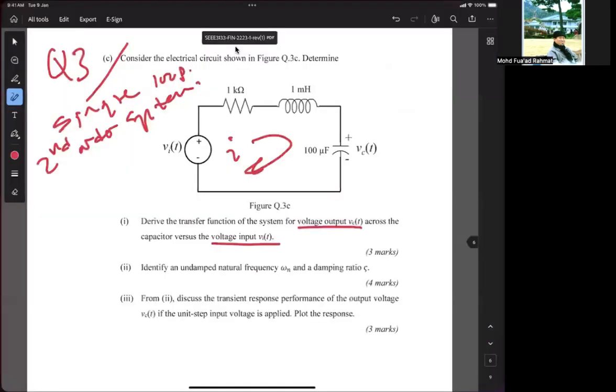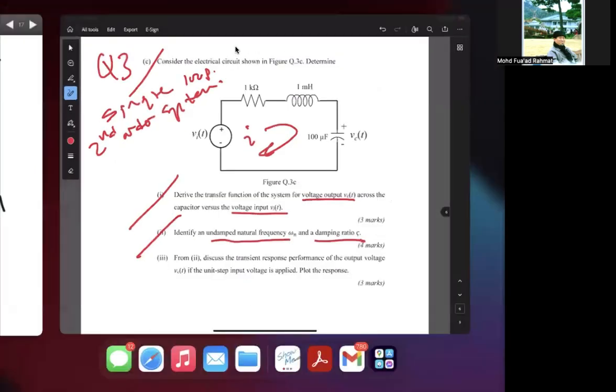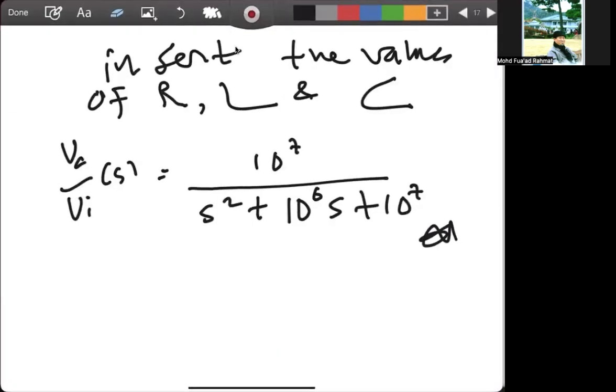Then you are required to find the undamped natural frequency and damping ratio. So compare. Okay.